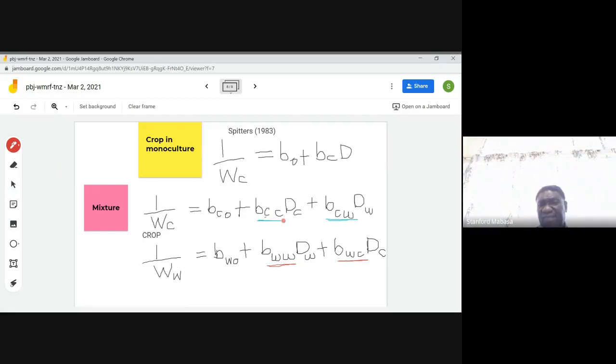Now, BCC defines intra-specific competition. And BCW defines intra-specific competition.